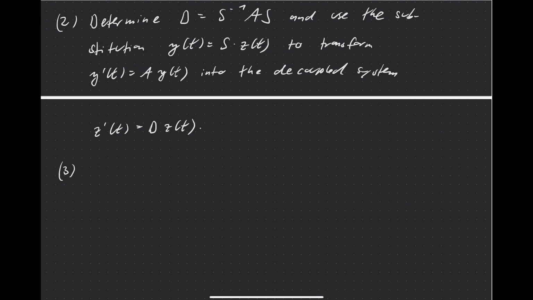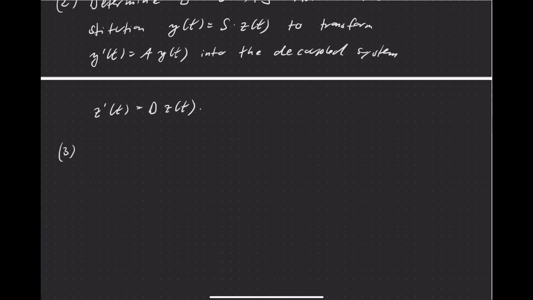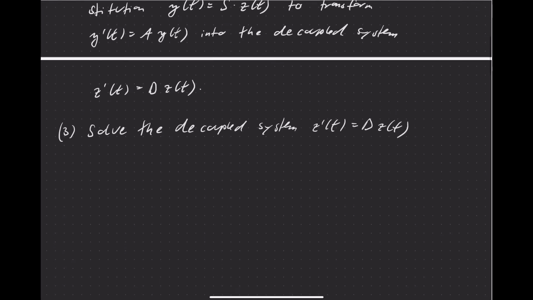Step 3, once we have that new system, of course we can solve that. We know how to solve a decoupled system. Solve the decoupled system z prime of t equals D z of t. And then we transform that back.